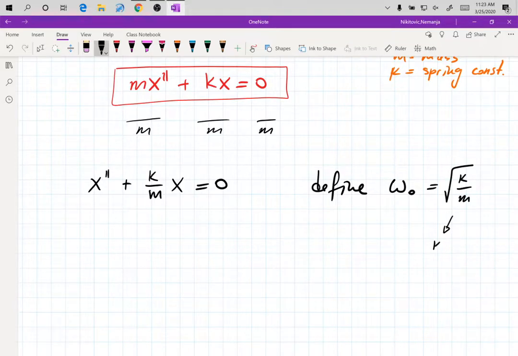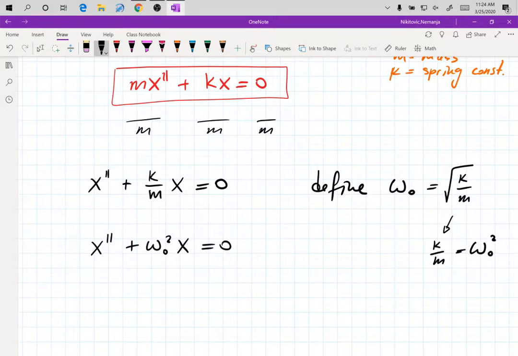Now from there, k over m will be omega 0 squared, which would give us an equation x double prime plus omega 0 squared x equals 0. Now we'll explain omega later. Right now we just want to focus on solving the equation.